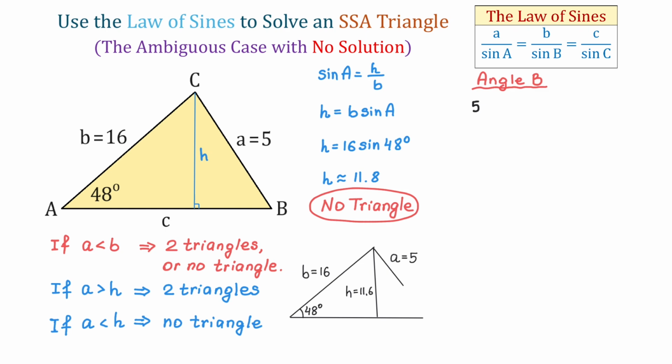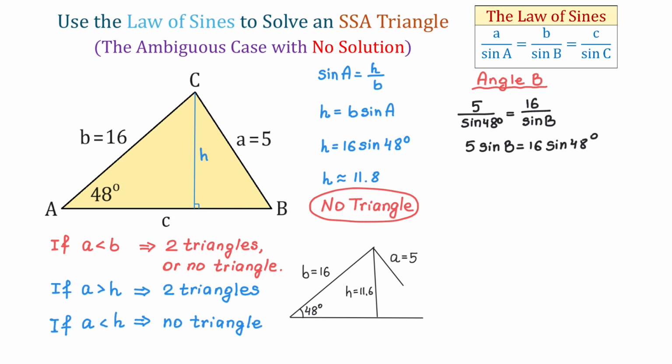5 over sine of 48 degrees equals 16 over sine of B. Then we will use cross multiplying, and we will write that 5 times sine of B equals 16 times sine of 48 degrees.